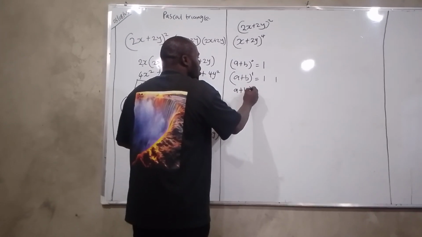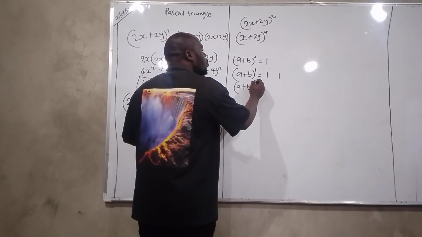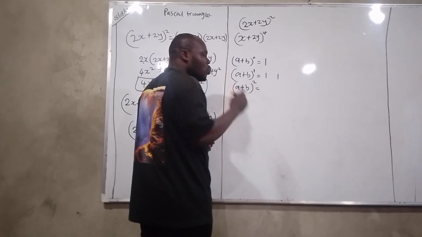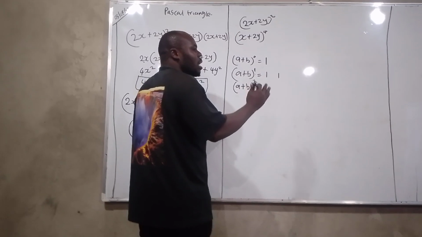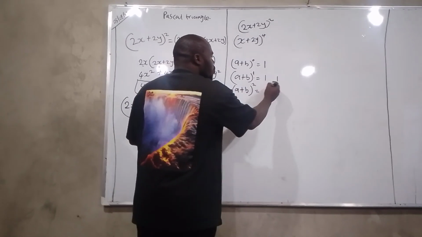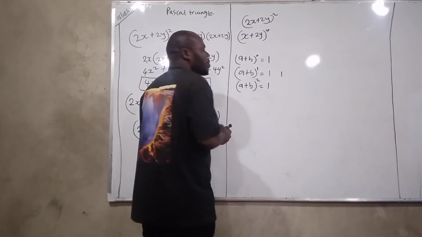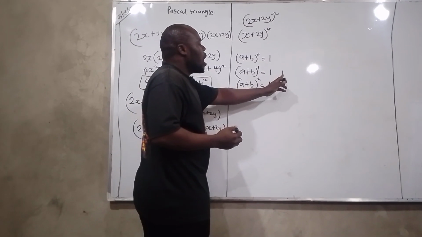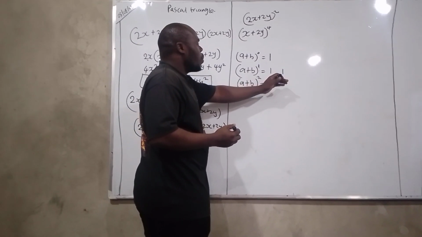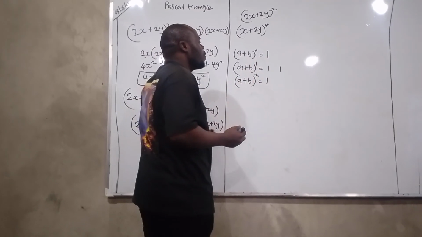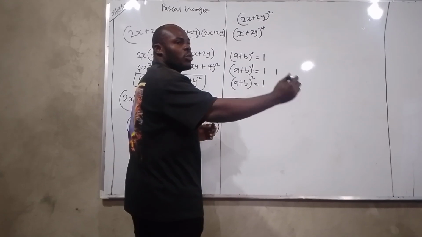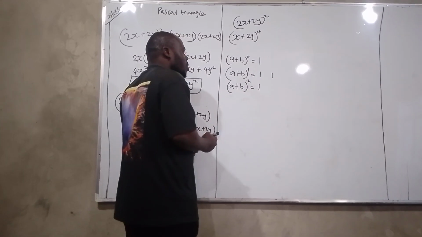For (a + b) to the power of 2, the expansion ends with 1. So you bring 1 here, starting. You add from the previous row: you add the number that comes before, and you fall down to the next one.